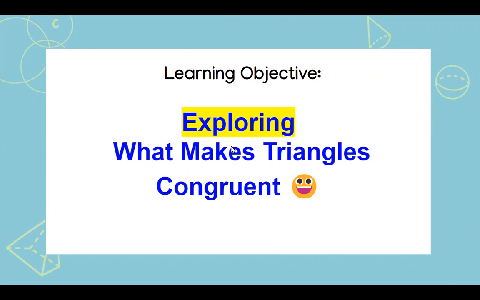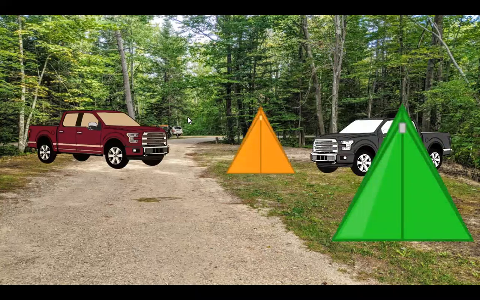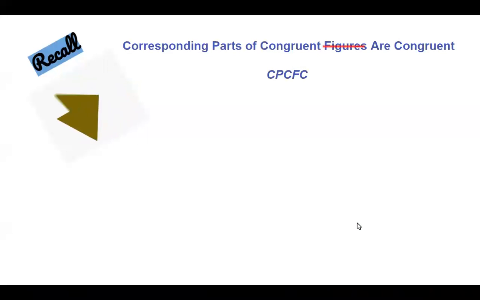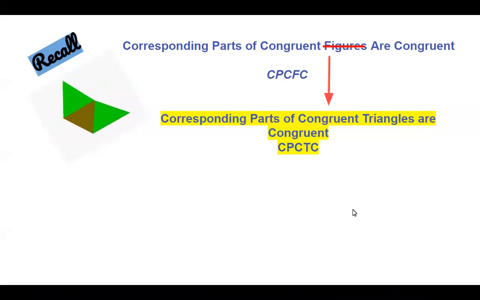Now, we went over our example where we were able to identify parts that were congruent to each other, and basically state that if we have exactly the same parts, they look the same, they should be congruent to each other, right? We went over our statement that corresponding parts of congruent figures are congruent, and we changed it to congruent triangles instead.